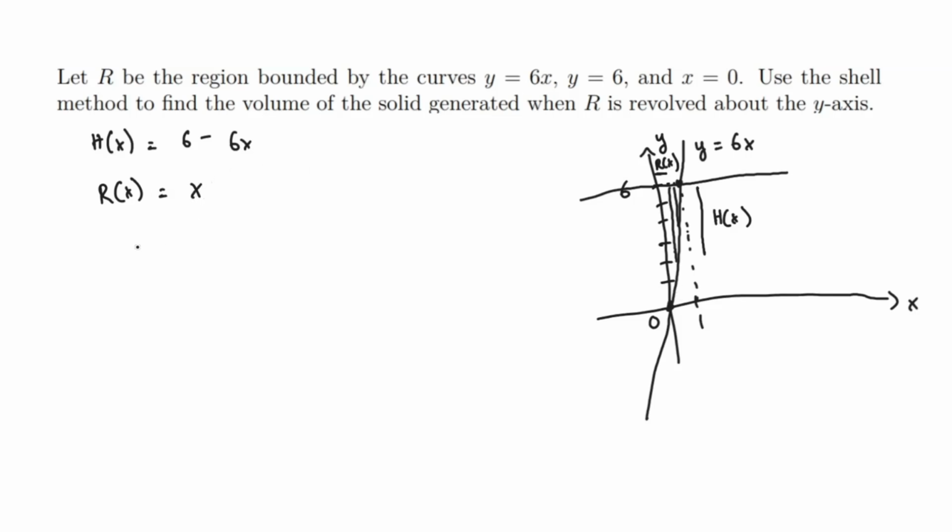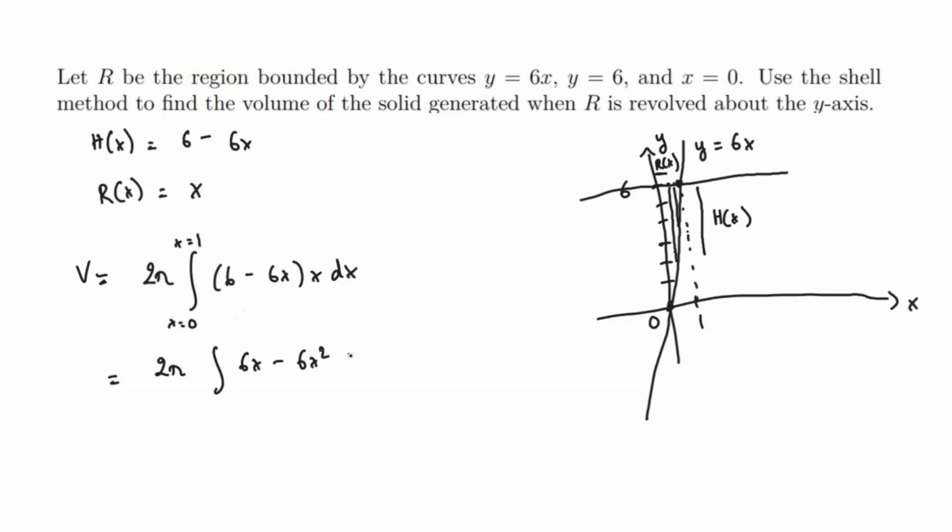So the volume is 2 pi, the integral from x equals 0 to x equals 1, h of x multiplied by r of x, so 6 minus 6x, multiplied by x dx. So it's equal to 2 pi, integral of 6x minus 6x squared dx, from 0 to 1.